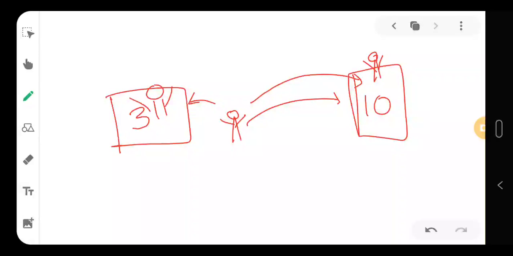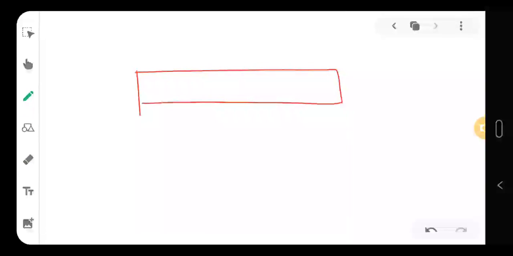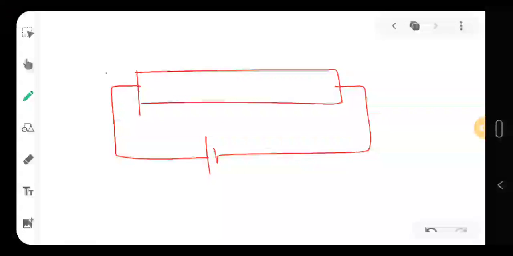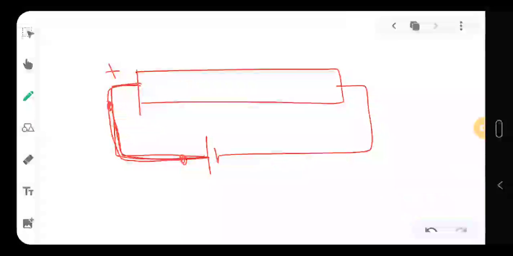The same happens with electrons also. If you have a conductor like this which is connected to some battery, this portion is plus. Now one thing I will tell you: if a conductor is connected like this, this point and that point are the same point, because the current is going throughout this whole part, so it does not matter. So if this is plus, this will also be plus, because the positive centers are here, and this is minus, so this will be minus as well.